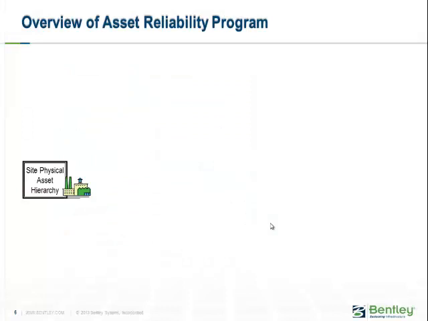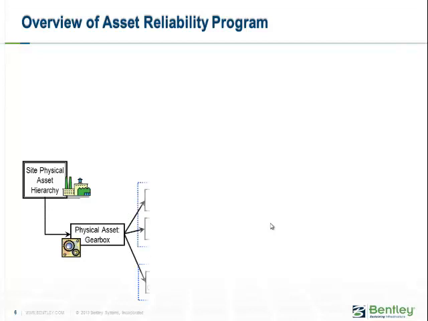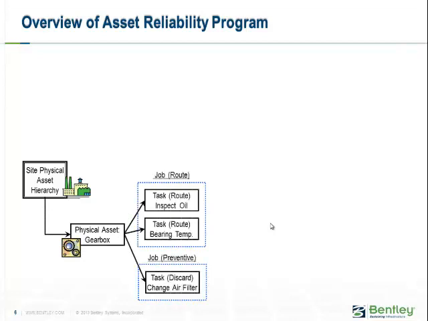Overview of an asset reliability program. A company will have a physical asset hierarchy that represents the physical equipment they use to produce their goods. For example, a gearbox. On this gearbox, there are two standard jobs defined to maintain the asset.